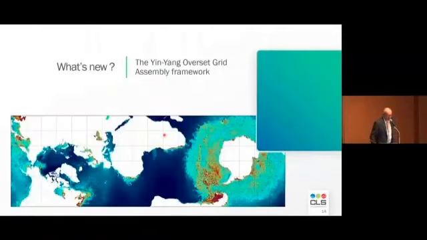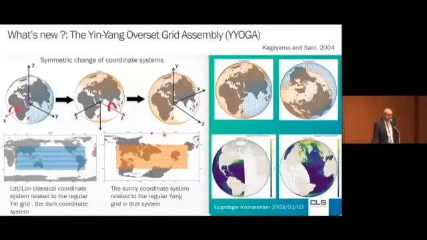So what's new now in the model? The first version of the model was using a regular grid and it was not very good, especially at high latitude. So this year we changed the grid, and we use an overset grid called the Yin-Yang overset grid, which was proposed by Kageyama and Sato in 2004.